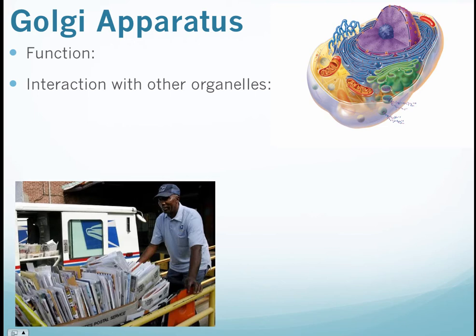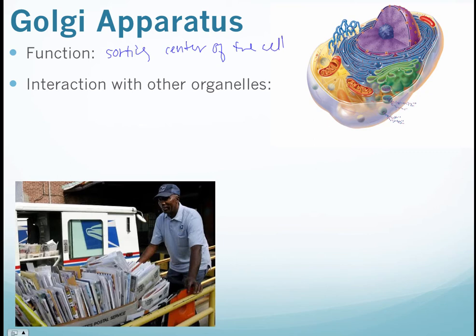The next organelle we have is the Golgi apparatus. And the function of the Golgi apparatus is it's the sorting center of the cell.